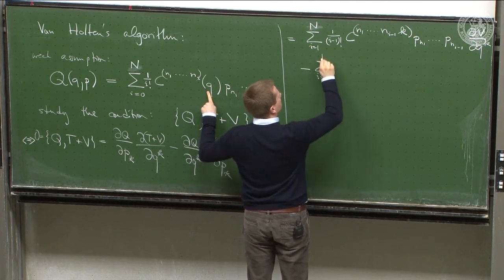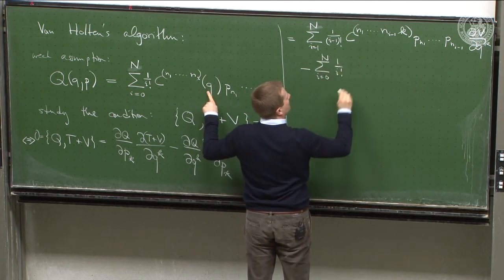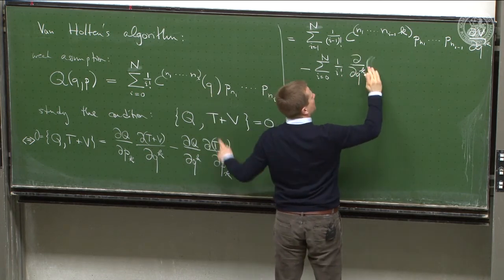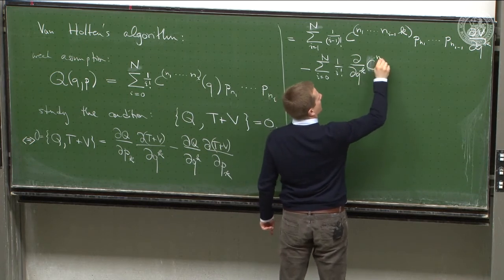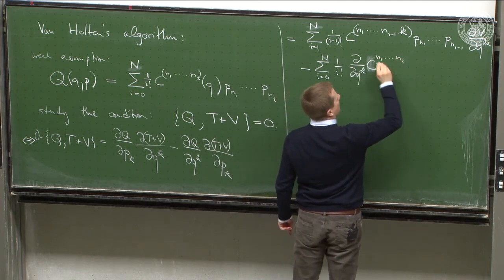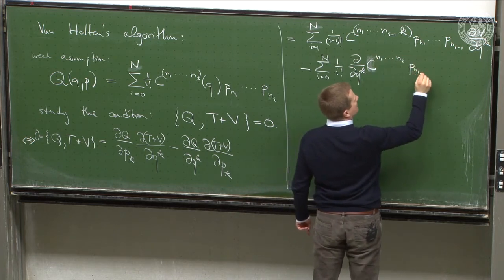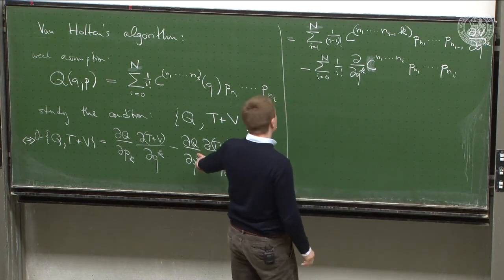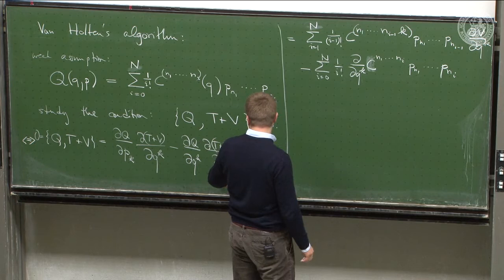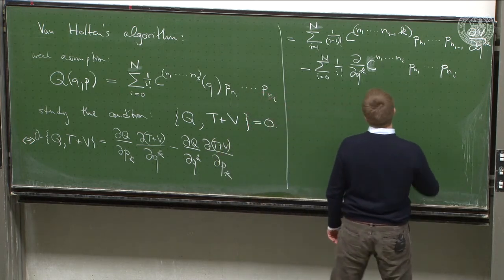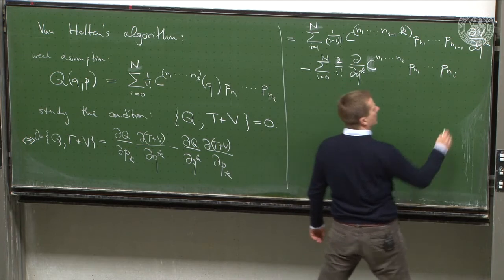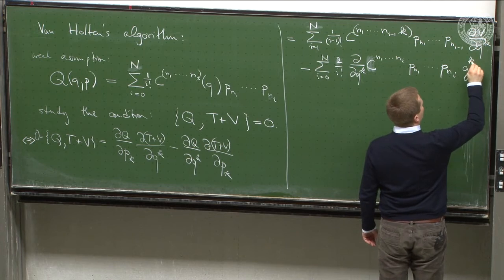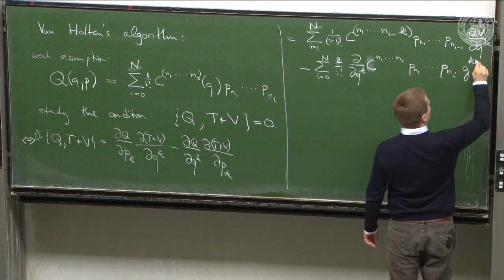That's the sum from I equals 0 to n, 1 over I factorial. And now d by dq_k of just the coefficients C_{n1 ... n_I}, of course still all symmetric, and all the p's remain because nothing happened to them, P_{n_I}, times, now we derive with respect to p_k, but we had this quadratic term that gives us a factor of 2 and yields a g_{km} p_m.